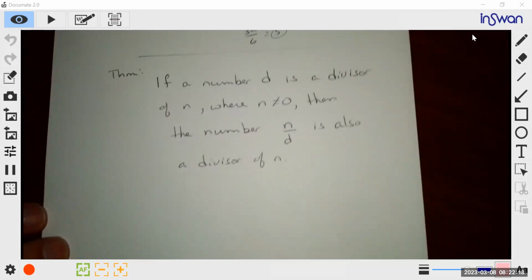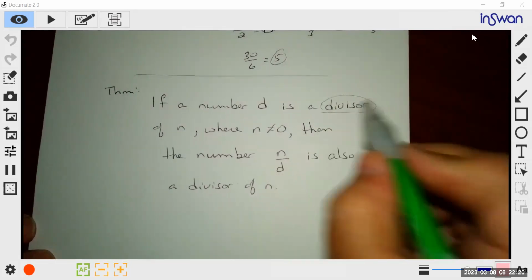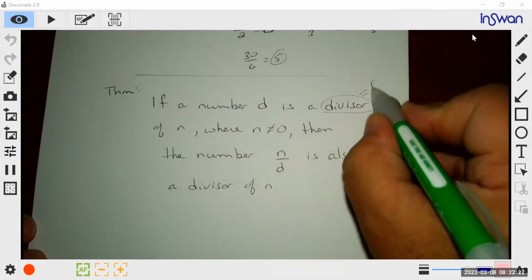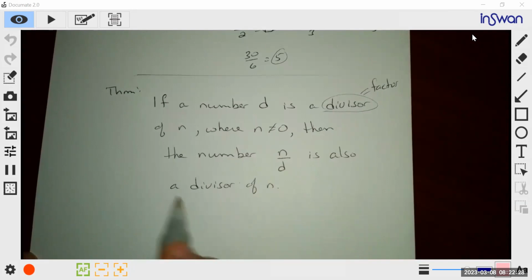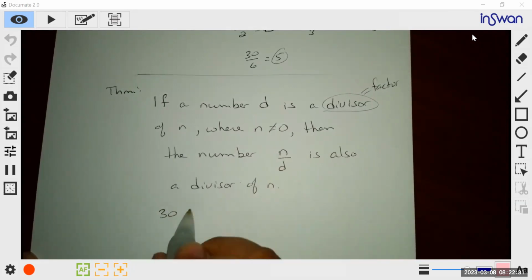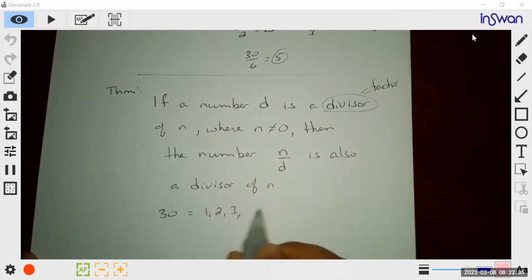So we've looked at a divisor. We could say they're similar to factors. So if we factor something, we know 30 is 1 times 2 times 3.